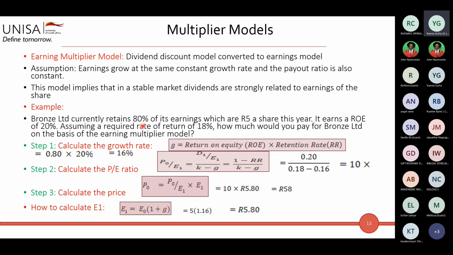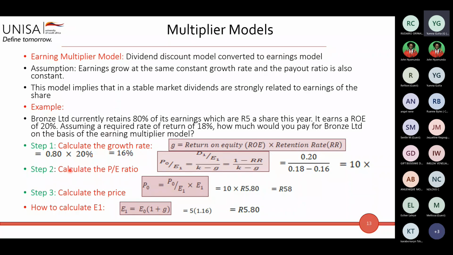That is your retention rate, how much the company is retaining of the earnings. Our return on equity was also given. So we say 0.8 times 0.2 will give you 0.16 or 16%. So we've calculated our growth rate.